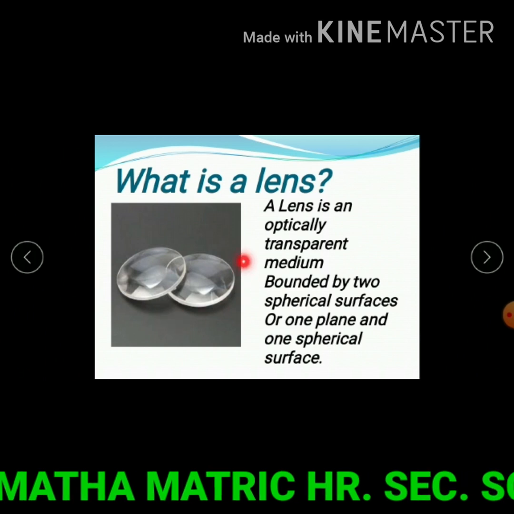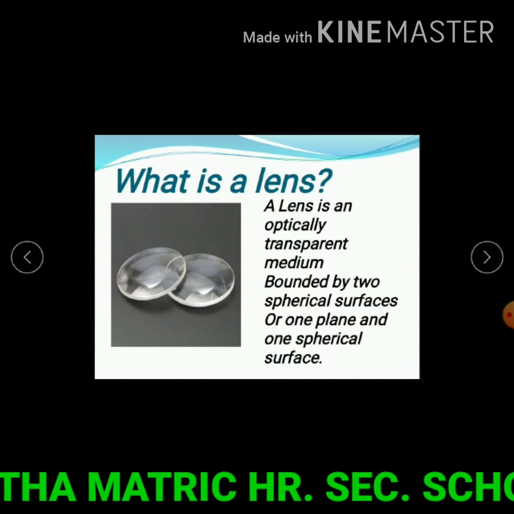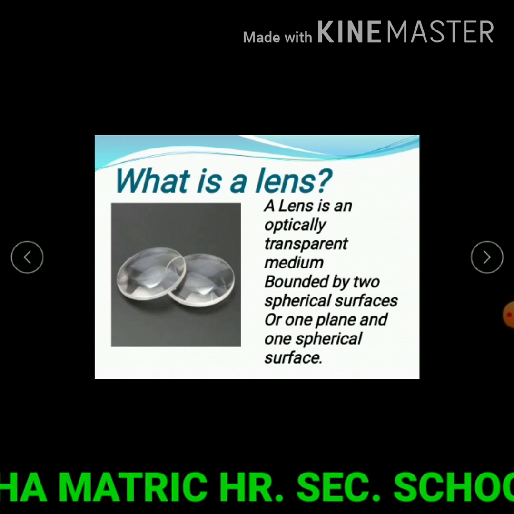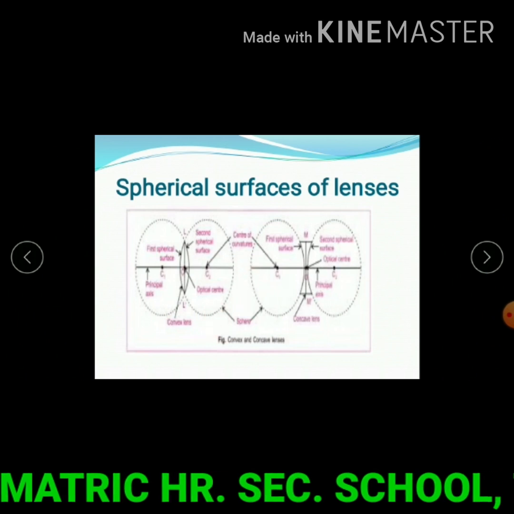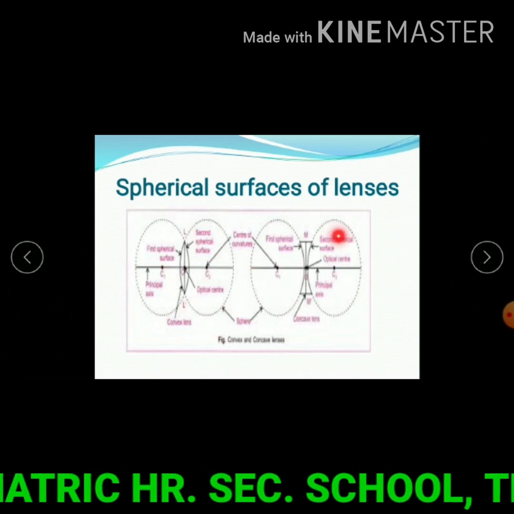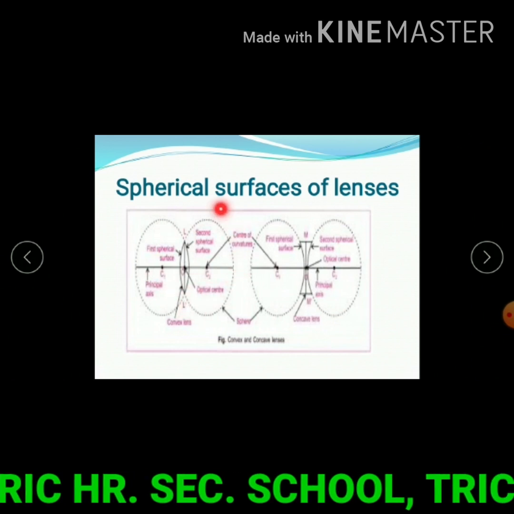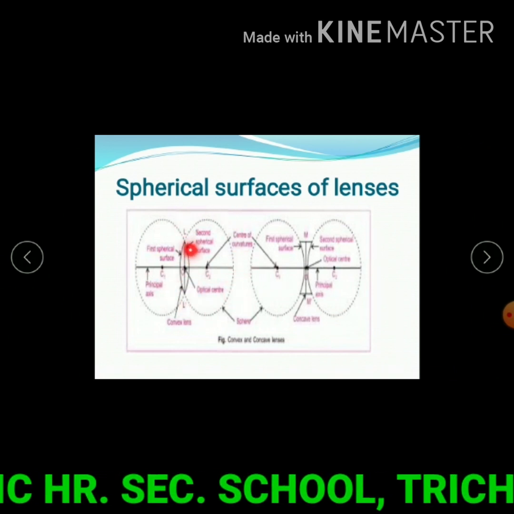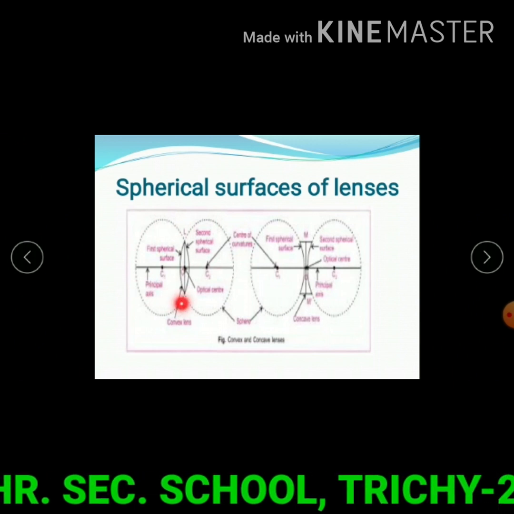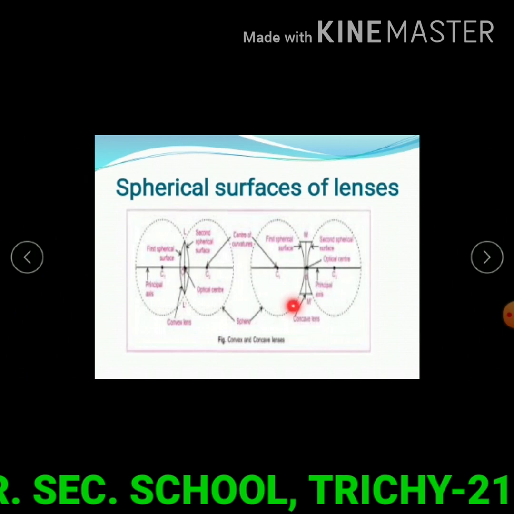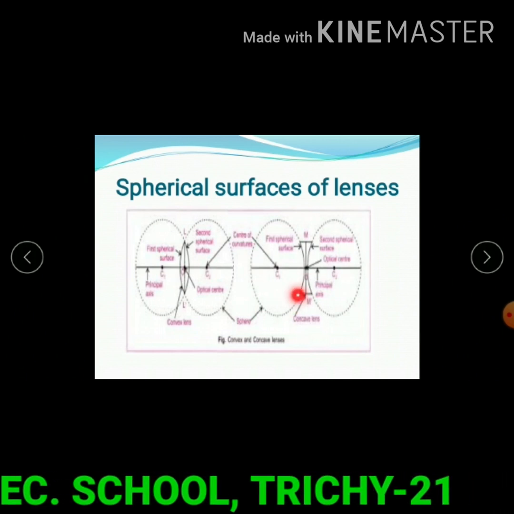Here, for example, this is a convex lens and this is a concave lens. This convex lens is bounded by two spherical surfaces, and likewise this concave lens is also bounded by two spherical surfaces.